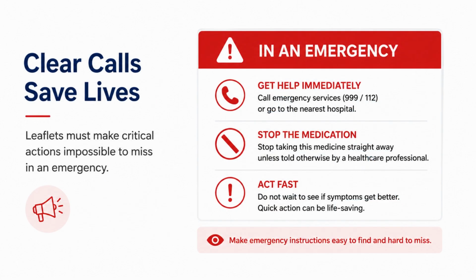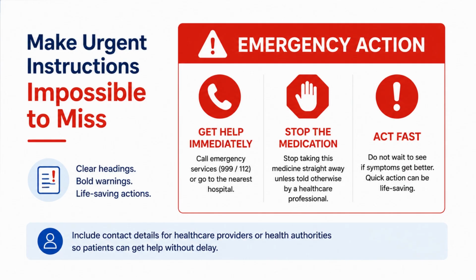Finally, many medication leaflets fail to provide clear calls to action, especially in emergencies, such as overdose or severe allergic reactions. Critical actions like contacting emergency services or stopping the medication immediately should be prominently highlighted. Bold text or warning symbols help draw attention to urgent instructions.